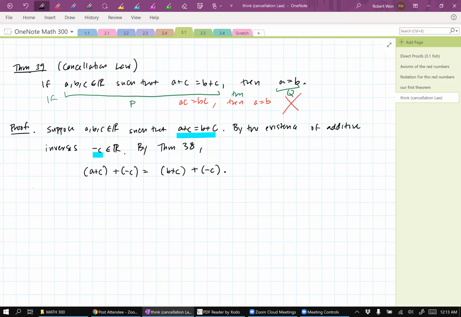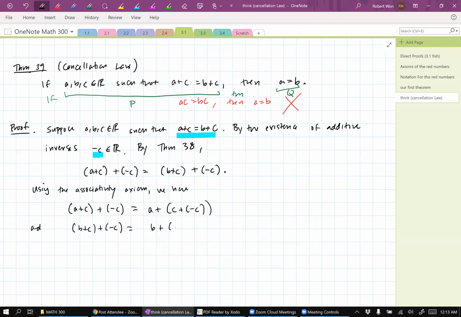Okay, now using the associativity axiom, we have A plus C plus negative C is equal to, I can reassociate this, A plus (C plus negative C). Similarly, B plus C plus negative C equals B plus (C plus negative C).